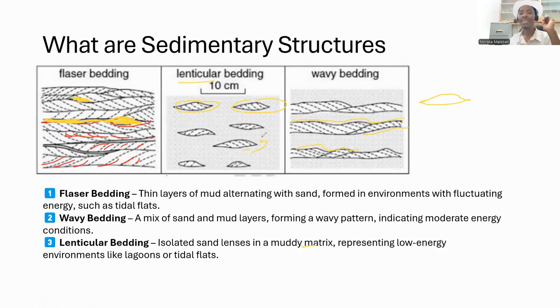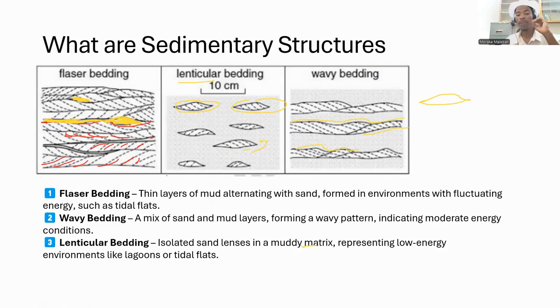Okay. So basically, these are the sedimentary structures that we expect to see, which are confined to the tidal flats. That is to say, the place between the land and the sea, which gets covered with water when the tide comes in and gets exposed when the tide goes out. And like I said, you expect a mixture of mud, sand, and a bit of shells.